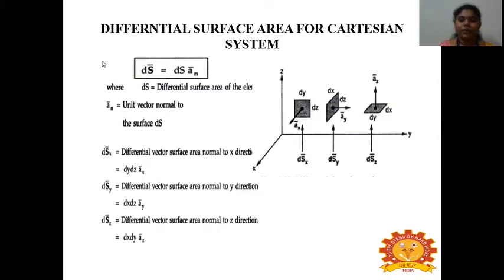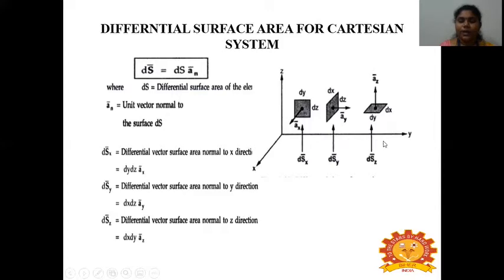Then for the ay vector, there is a differential surface for ay. ay will be normal to the y-axis, that is, normal to x and z. This gives the differential surface area dx into dz into ay vector. So this is for the vector dsy.